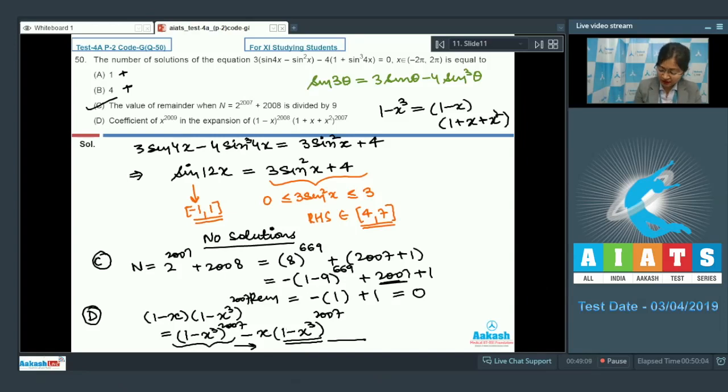Multiplied by x, we will get from here x raised to the power 3k plus 1. But it can be seen that 2009 is equivalent to 3k plus 2. So from here also we will not get anything, which means that the coefficient of x raised to the power 2009 in this expansion will be 0. So option number D is also correct. So the correct options of this question will be option number C and option number D.